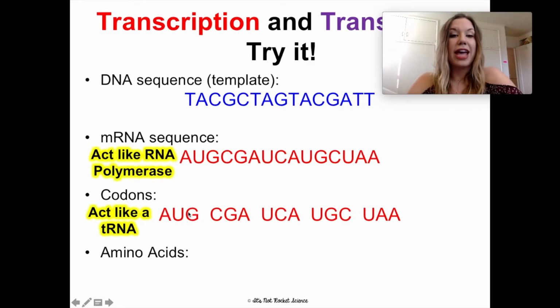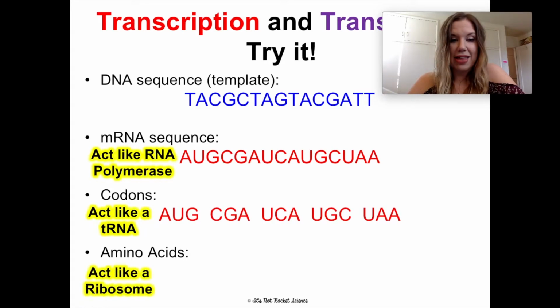Then I want you to translate. Now that we have our codons, we need to act like a ribosome, read them, and bind together the specific amino acids. Have your notes open and look back at your genetic code. Look up which amino acid is coded for by AUG, CGA, UCA, UGC, and UAA.